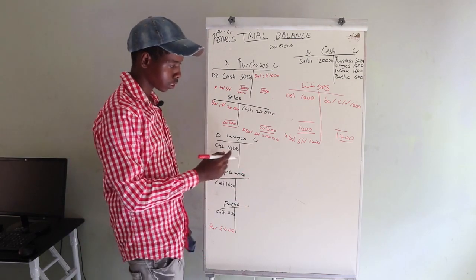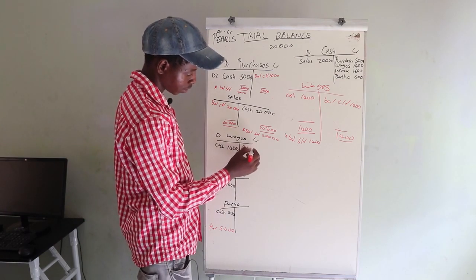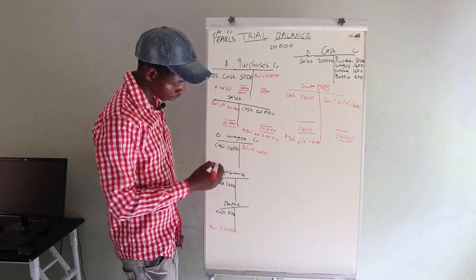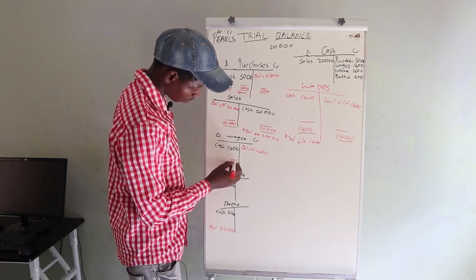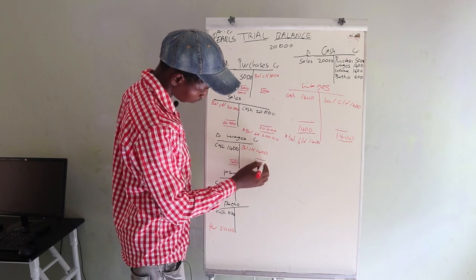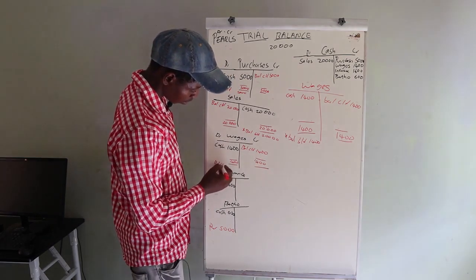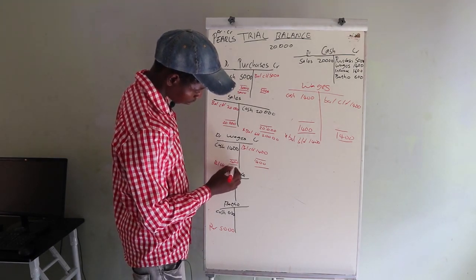So we're going to write it here. Balance CD 1.4, and then we will go to 1.4, right, and then balance brought down 1.4.